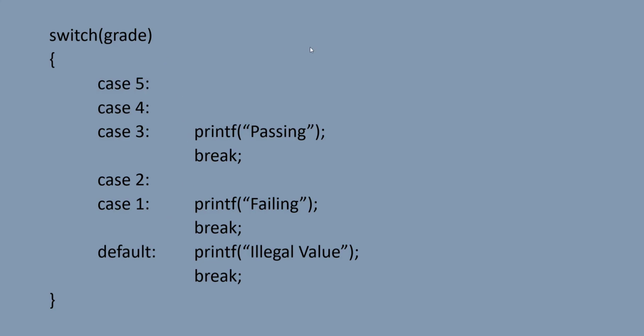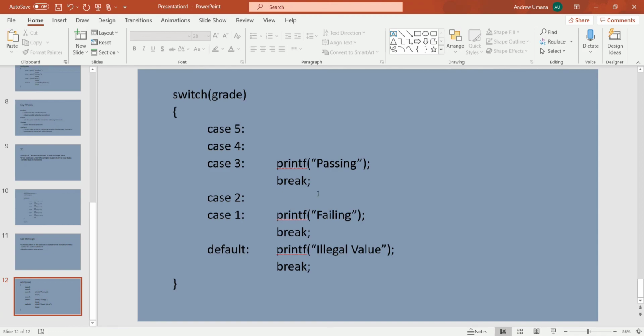So what this switch statement is saying is 5, 4, 3 is passing and 2, 1 is failing. Any other number is illegal. So this is why we use fall through. It's really good to save time, to not have to write a case for every single thing, not have to write a block of statements for every single piece. So let's just get started on some questions right now.